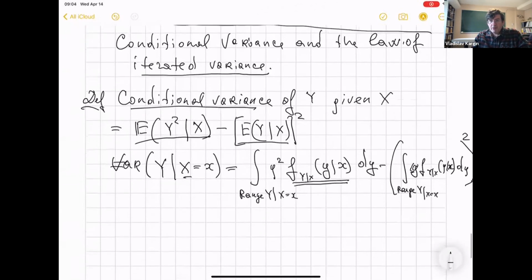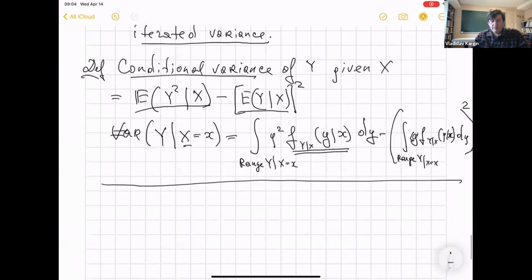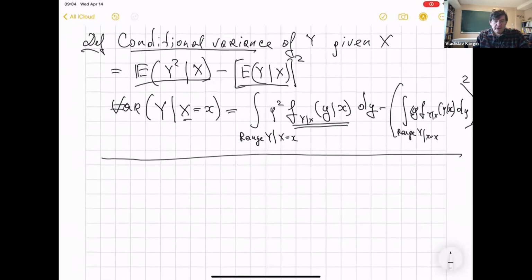Now we have a very useful formula from before, which is called the law of iterated expectations.